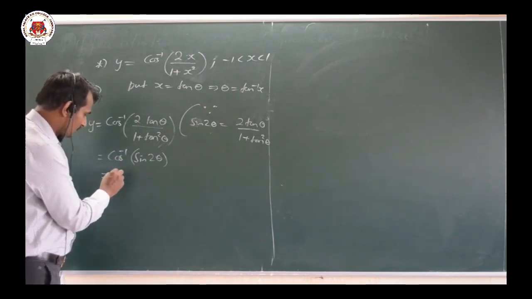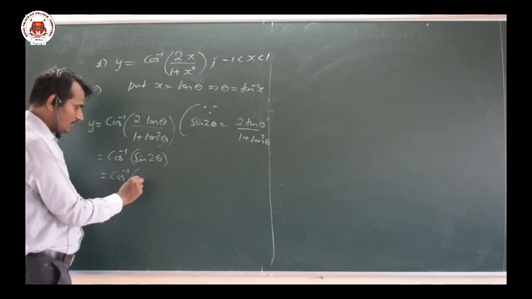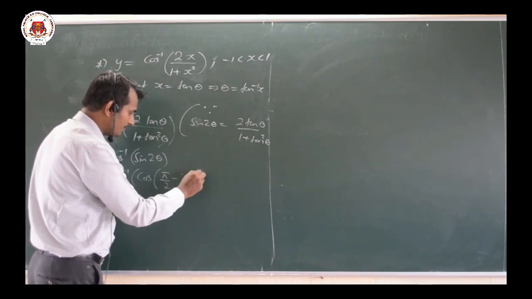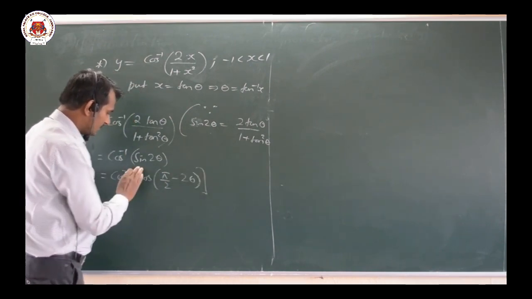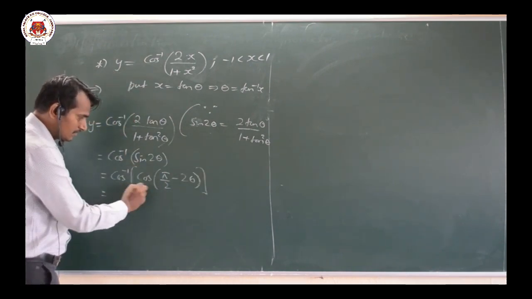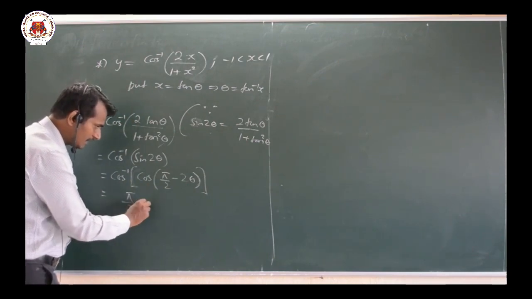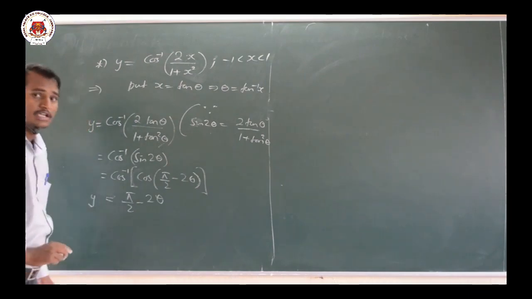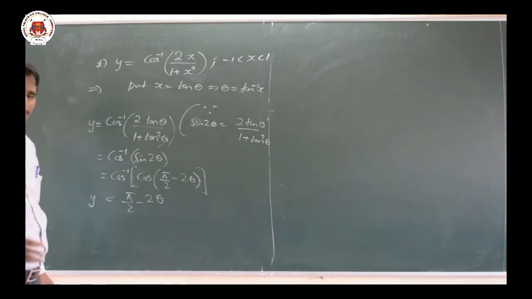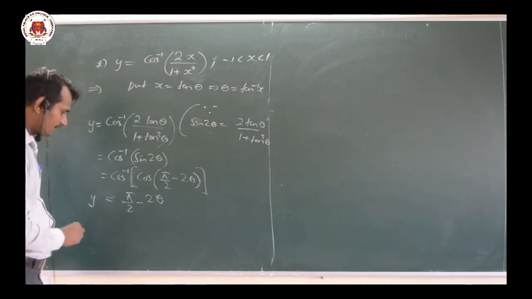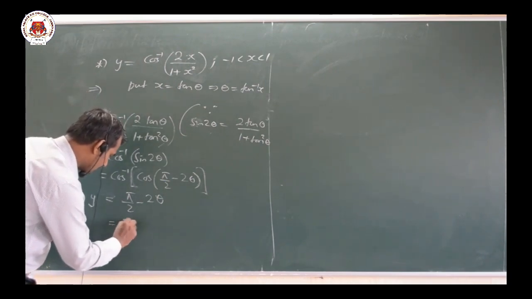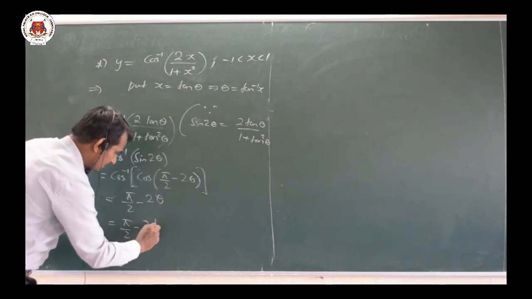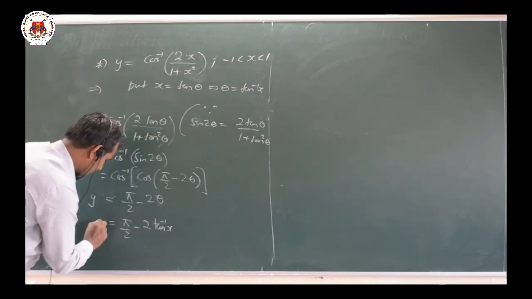So what I can do here is write it as cos inverse of cos of pi by 2 minus 2 theta. That is nothing but what remains, pi by 2 minus 2 theta. So that is the value for y here. Very simple example. Now you can differentiate. Before differentiating, pi by 2 minus 2 into theta, what is the theta value here? Tan inverse of x.